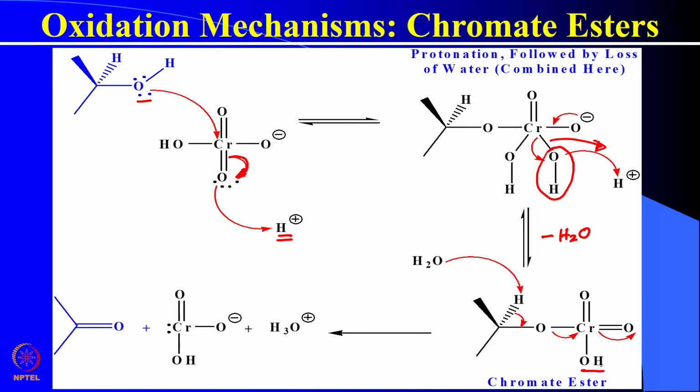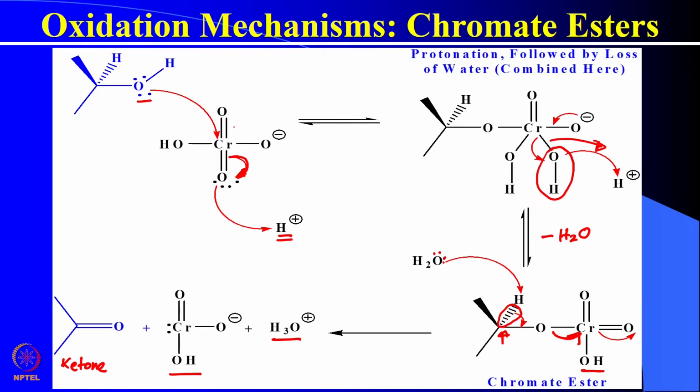This chromate ester then further reacts with a water molecule, which takes up the proton from the carbon adjacent to the oxygen, and a double bond forms with the electrons that are present in the carbon-hydrogen bond with the oxygen, and the oxygen-chromium bond gets broken. As a result, H3O plus, that is the acid, is released and a ketone is formed, along with the reduced form of the chromium reagent.